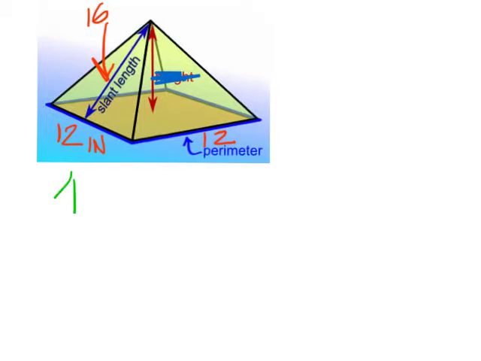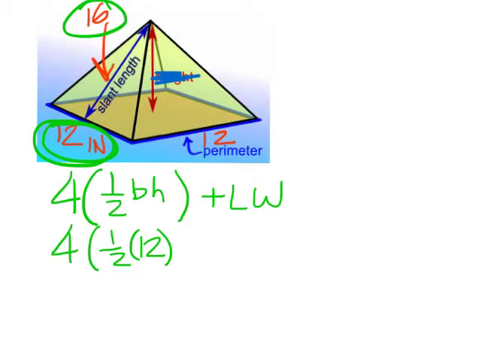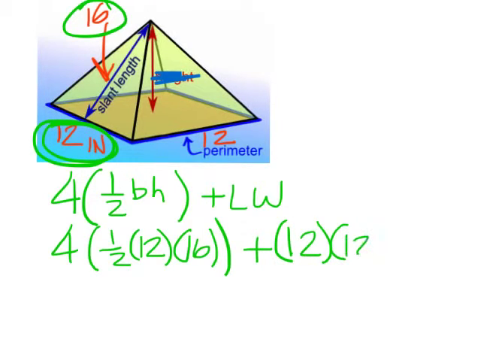The solution is to start with the formula, 4 times the quantity, 1/2 base times height, and then plus LW for the bottom. Plug in what you know, and that would be the base of 12, and then the height comes from the slant height, that's 16, and then do LW, which in this case is 12 and 12.